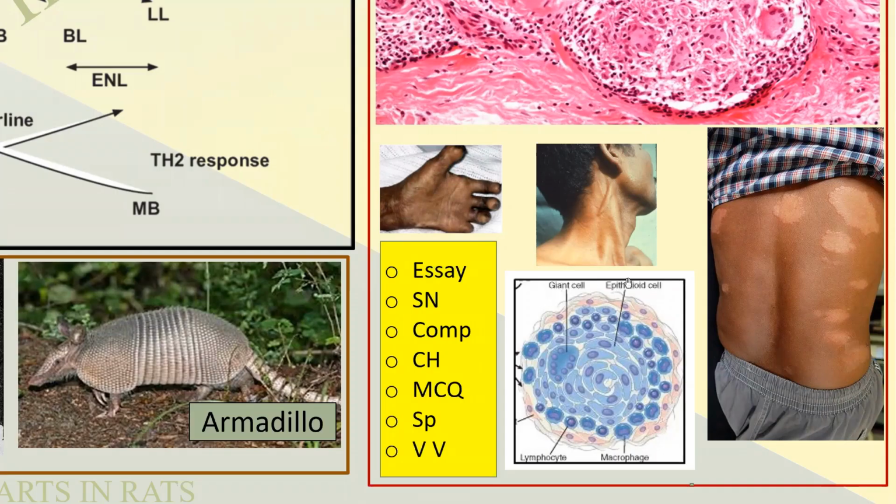This is a classical diagram which you can draw for any granulomatous disease, including leprosy and tuberculosis. In the center, I am finding large pale cells with vesicular nuclei. These are the epithelioid cells. They are nothing but modified macrophages. They get modified and become epithelioid cells.